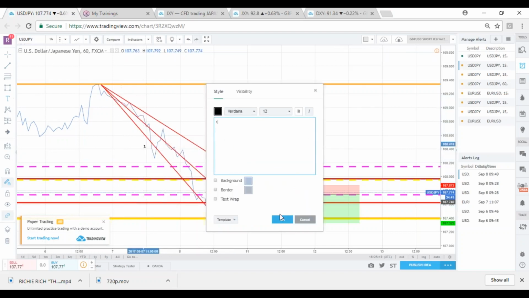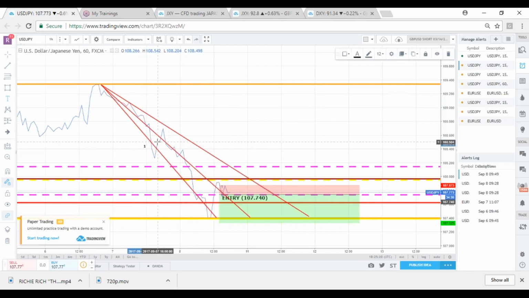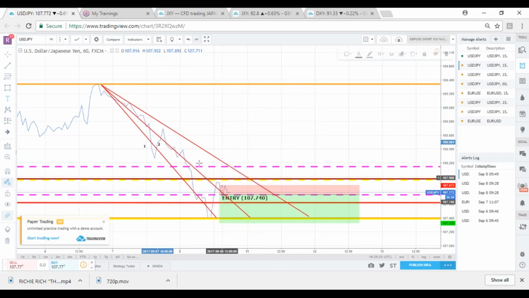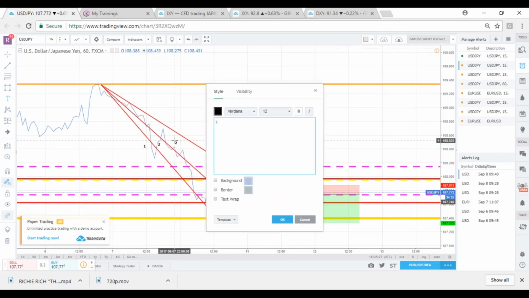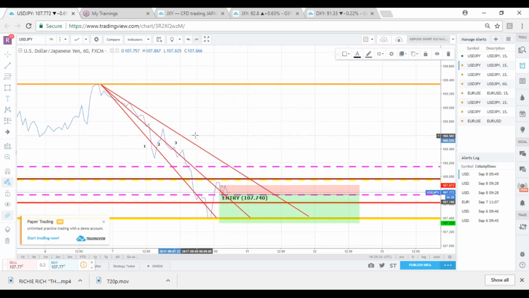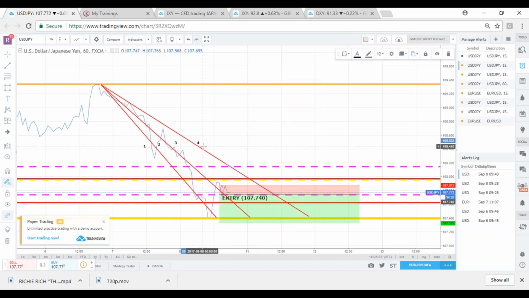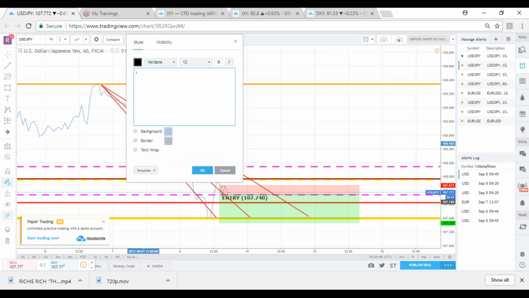Now, if the market is moving down, this is channel one. This is channel two. This is channel three or zone three. And this is zone four. So zone one is always the beginning of the trend.